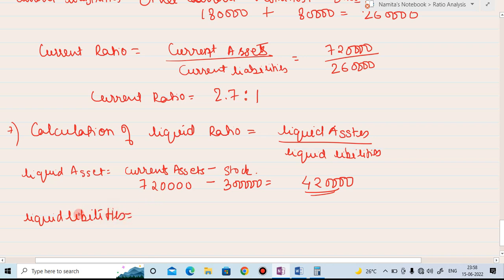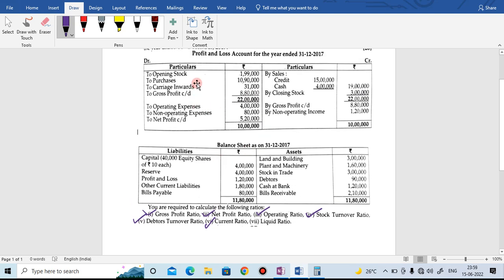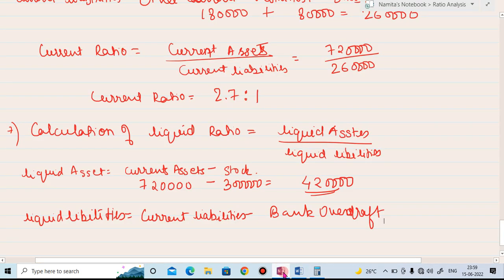The formula is current liabilities minus bank overdraft. So here in this question we need to check whether overdraft is given or not. So observe in the profit and loss account and also in the balance sheet. Bank overdraft is not given, so leave it as it is.